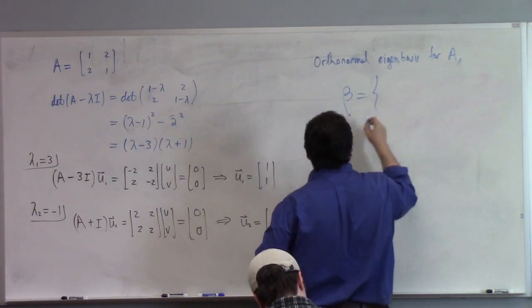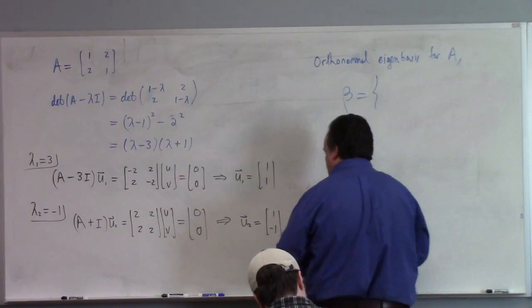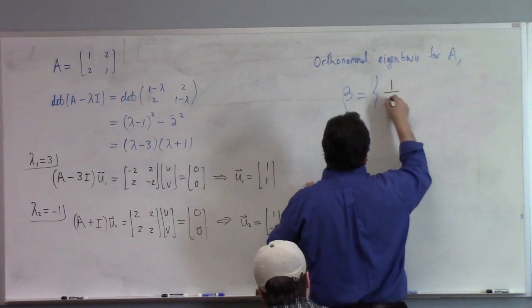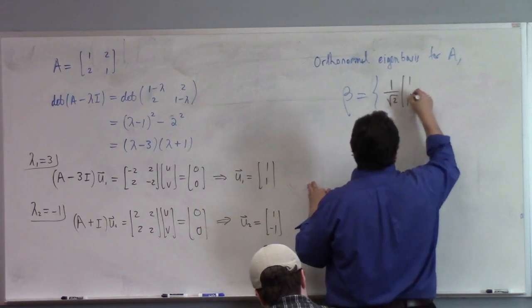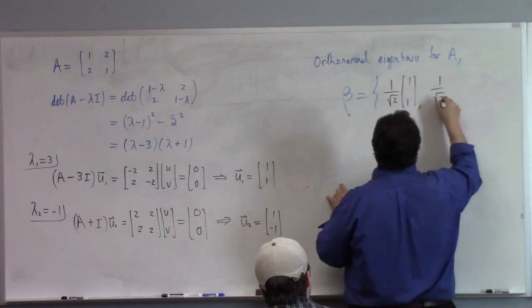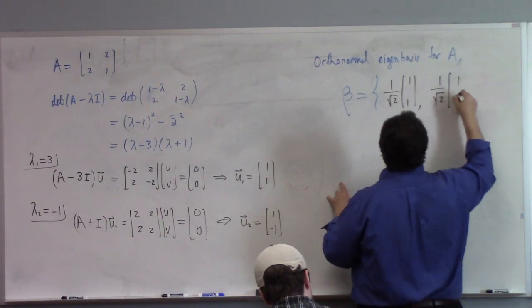Beta. Almost done, right? All we got to do is normalize these things, right? So I got 1 over root 2 times 1, 1, and 1 over root 2 times 1, minus 1.